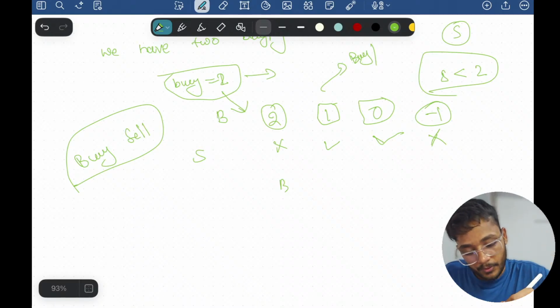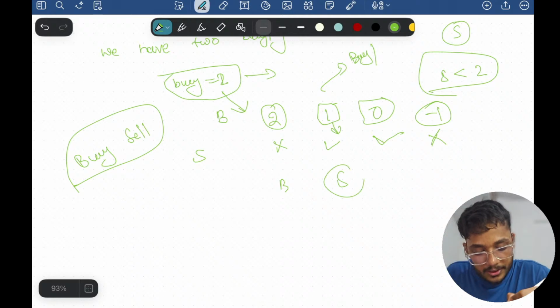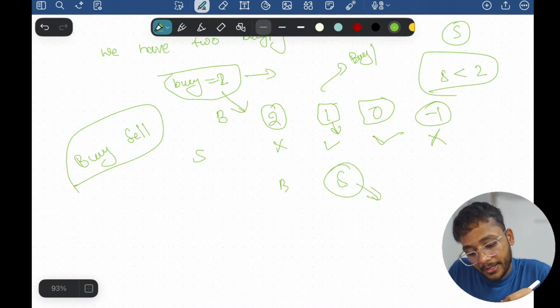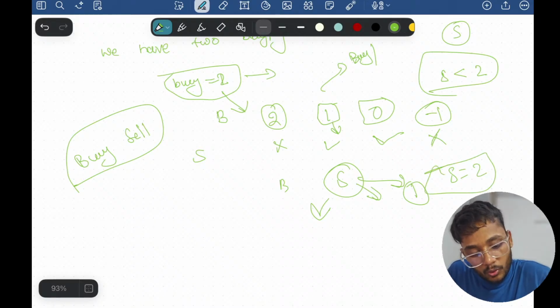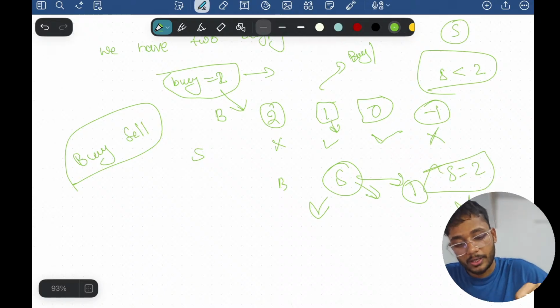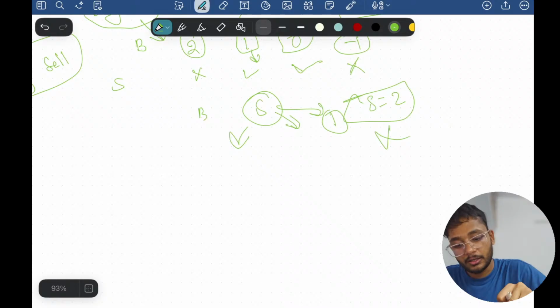So that is the challenge. What will sell be? If you are buying 2, that means you already sold, then S will become 1, meaning you already sold it. If it is 2, then you cannot buy. So let me summarize all the options.